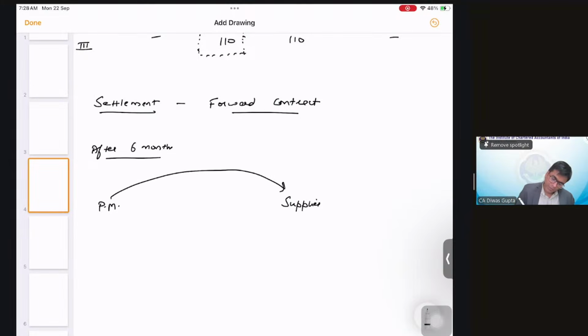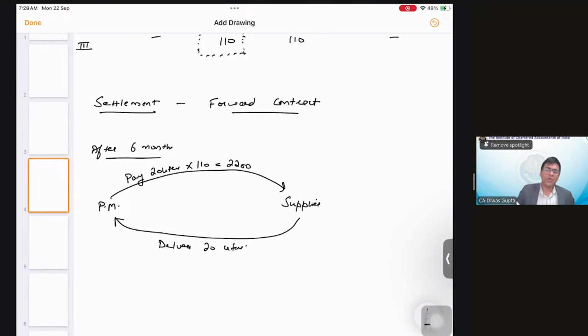So this procurement manager will pay for 20 liters at 110. That means 2200 rupees will be paid to the supplier, and the supplier will deliver 20 liters of oil.